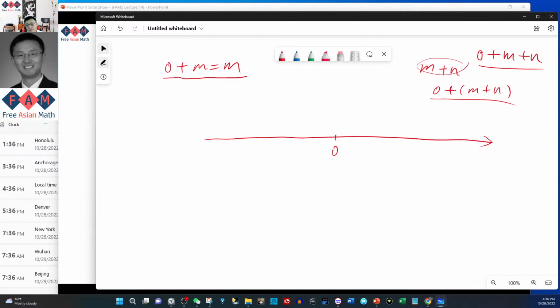The case becomes a little bit more interesting if one of them is positive and one of them is negative. So for the negative one, you will count backward, meaning count toward the left, and for the positive one, you will count forward, count toward the right. But the commutative law really says that it doesn't matter which direction you go first.